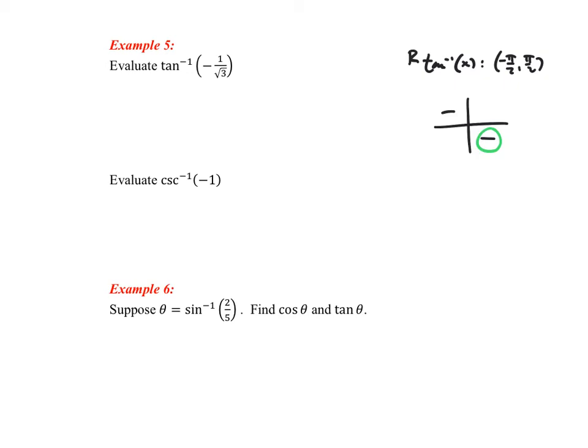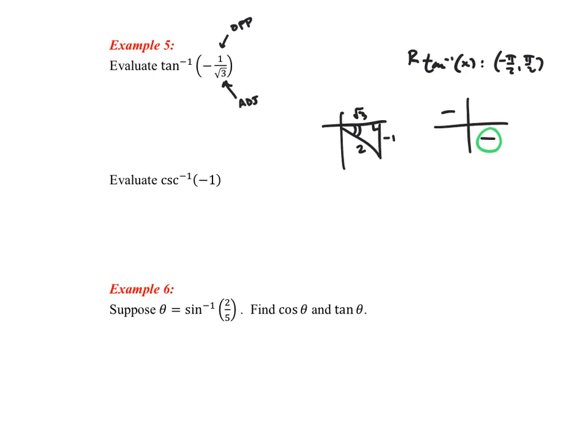What I'm going to do is sketch a triangle that has an opposite side and an adjacent side of negative 1 and root 3. And we'll see what happens here. Quadrant 4. So opposite, negative 1, adjacent, root 3. What would this angle be? Well, this would be a 2.